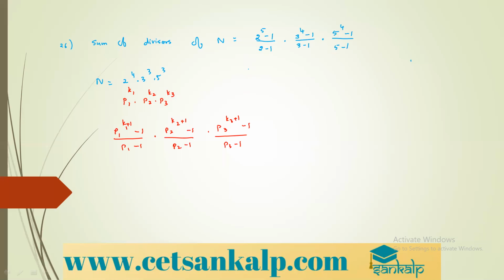Now you have 32 minus 1, that is 31, into 3 power 4, 81 minus 1, 80 by 2, 40. 5 power 4, 625 minus 1, 624 by 4, 156. This is the answer because in the options they have left the answer like this.